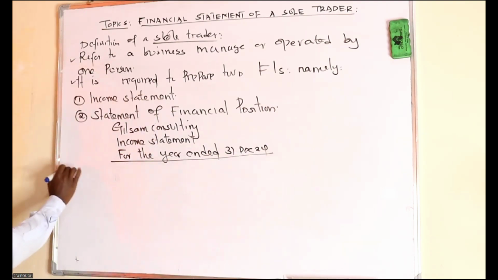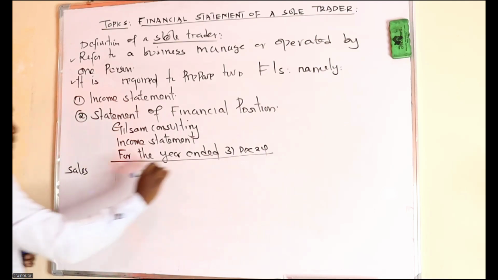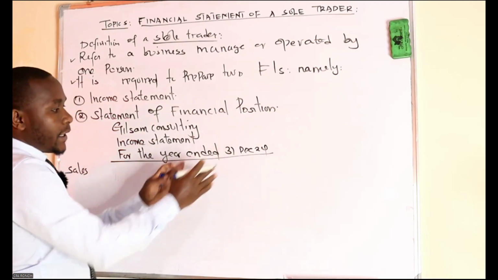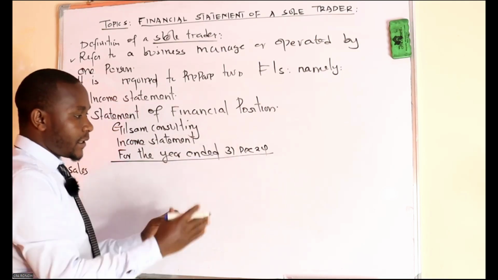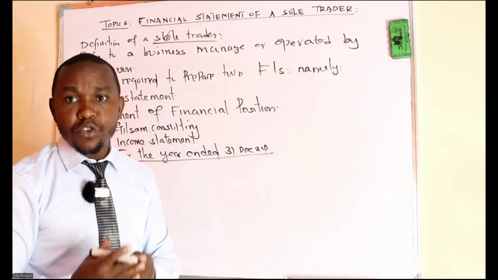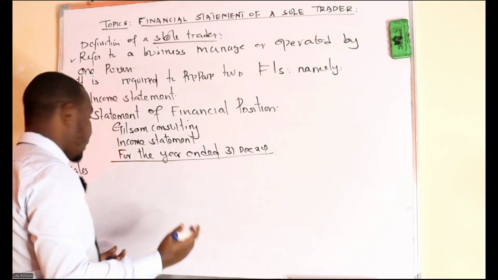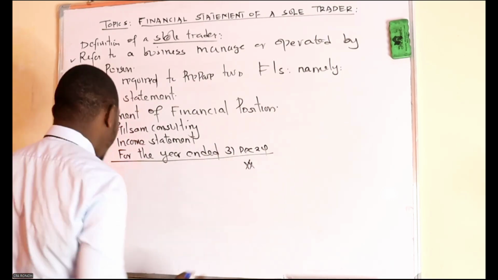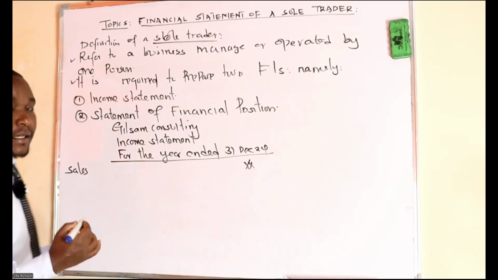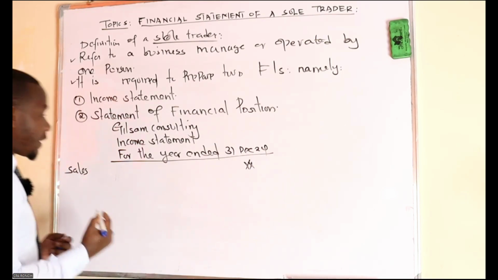So we normally start with the sales. Remember, in this statement, we have debit and credit, but it is not necessarily required that you show them. If there are any returns of sales, then we subtract.